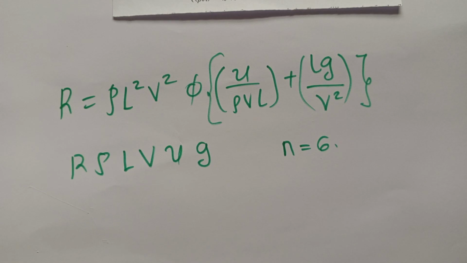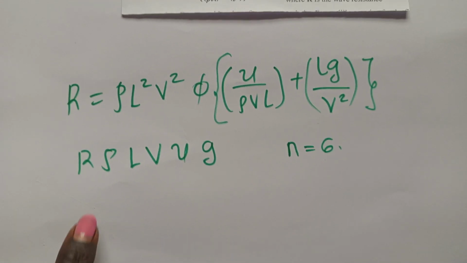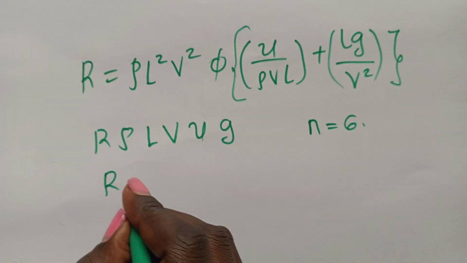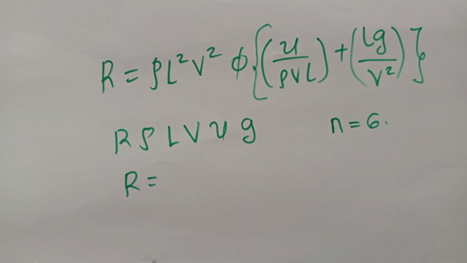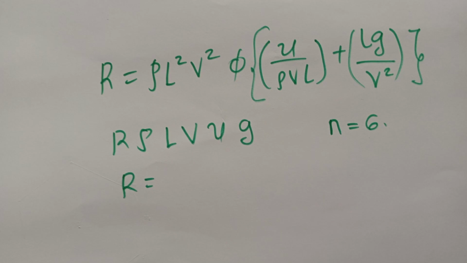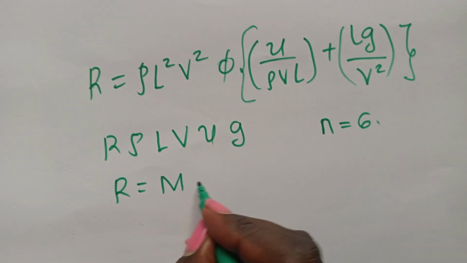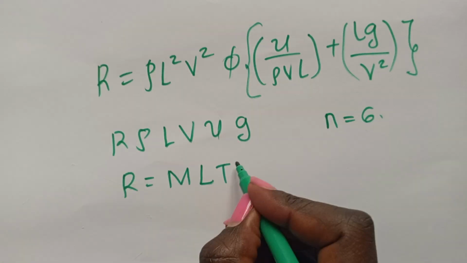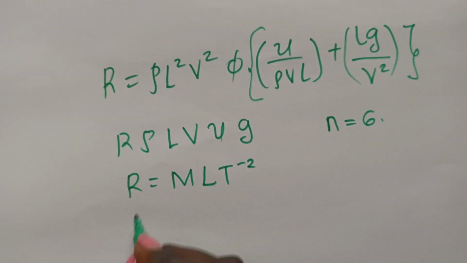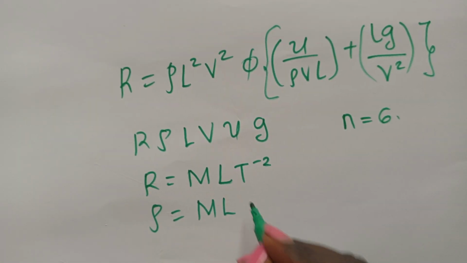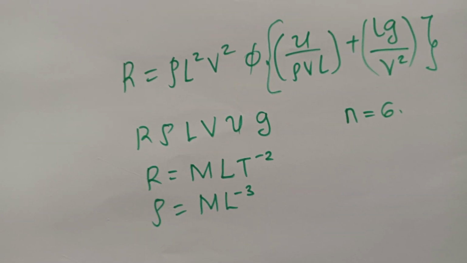Now number 2, let's write the dimensions of each and every variable. R is the wave resistance and it's given by M, L, T to the -2. The density is M, L to the -3.